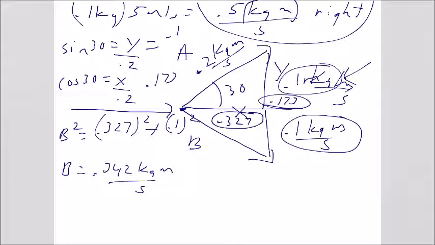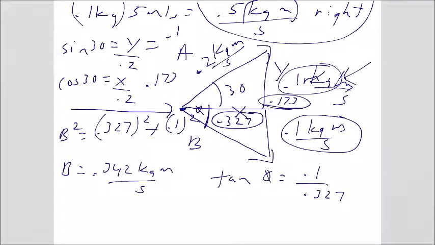We also need to know the angle, because remember, momentum is a vector, so you need a magnitude and direction. To find the angle, this angle right here, we'll just call it theta, and we'll use tangent. The tangent of theta is equal to the opposite 0.1 over the adjacent 0.327.